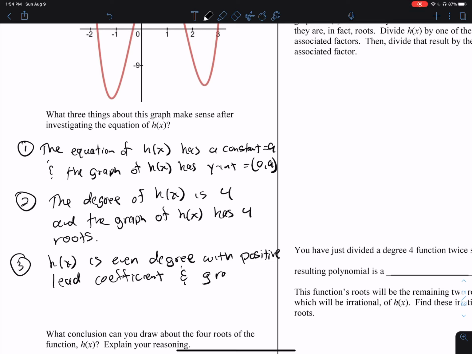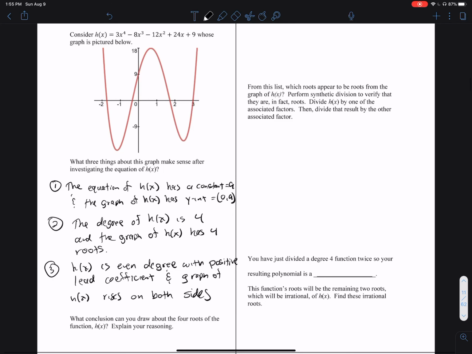And the graph of h of x rises on both sides, meaning as you go left or right. That's old stuff that we've learned, and we're just reviewing it and putting that together.